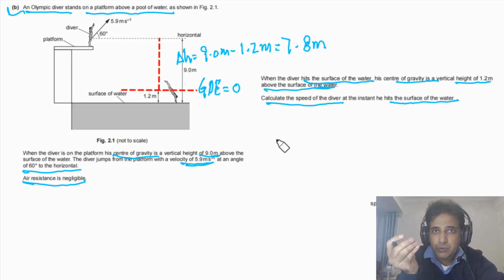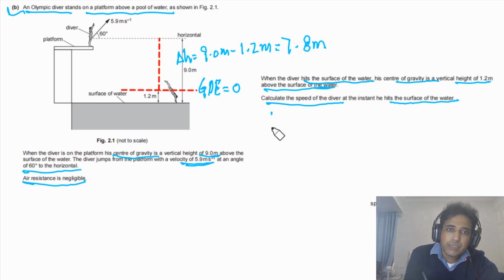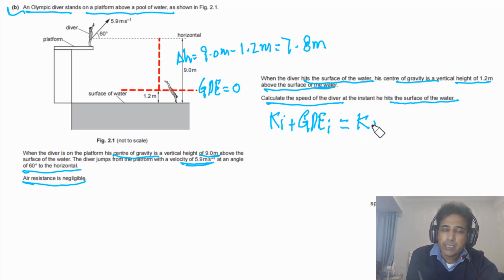So now simply we can use conservation of mechanical energy. So we can say kinetic energy initial plus GPE initial has to be equal to kinetic energy final plus GPE final.